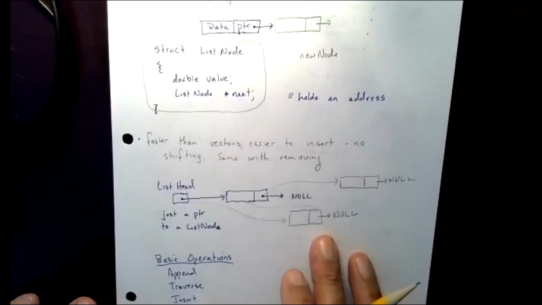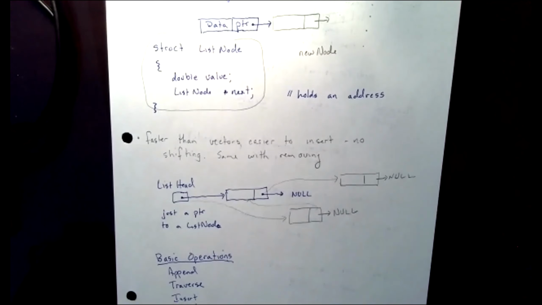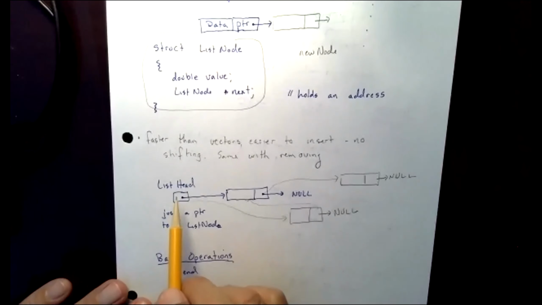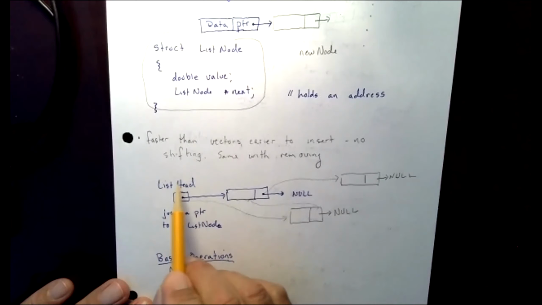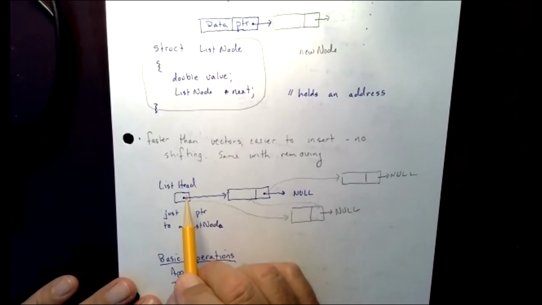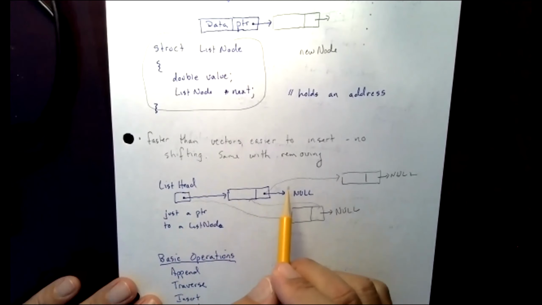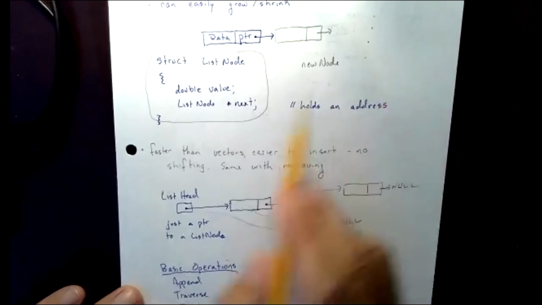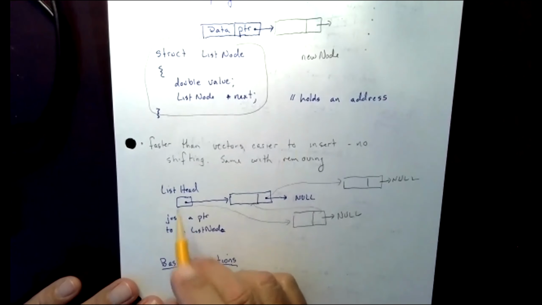All right, so in order to get this party started, I need to create a list head. This guy is going to have many names as we go, and it's where I'm going to start my linked list or my chain of these nodes. Okay, right now I have it written as list head.